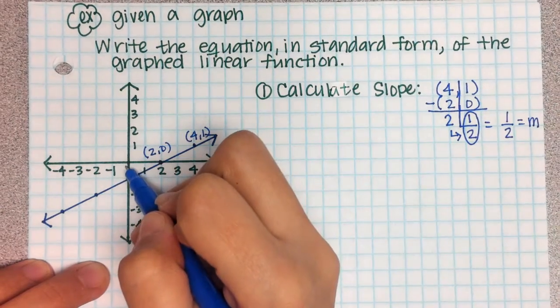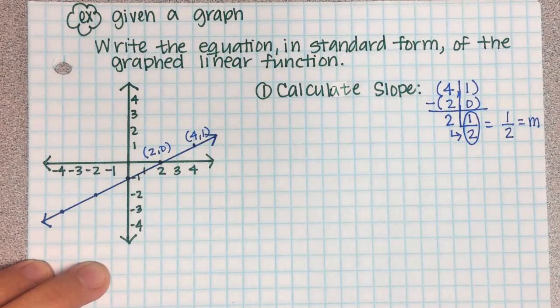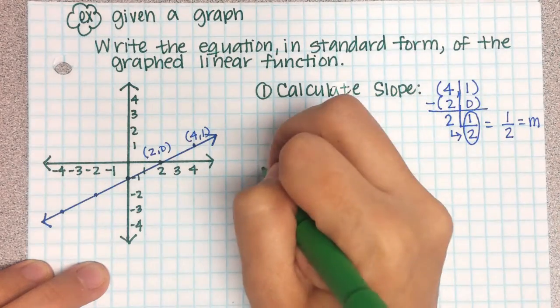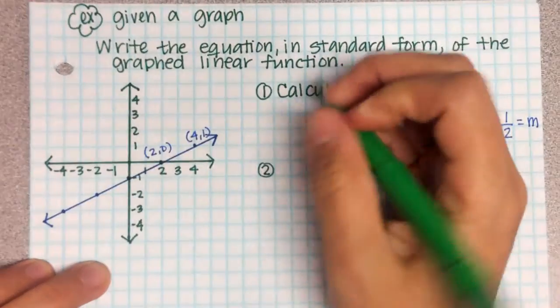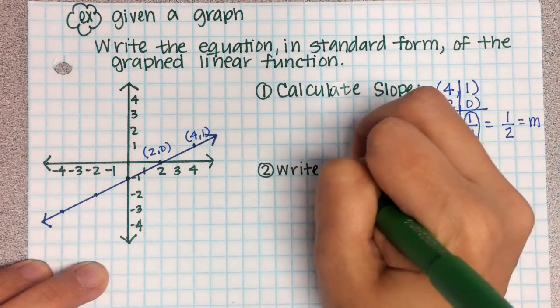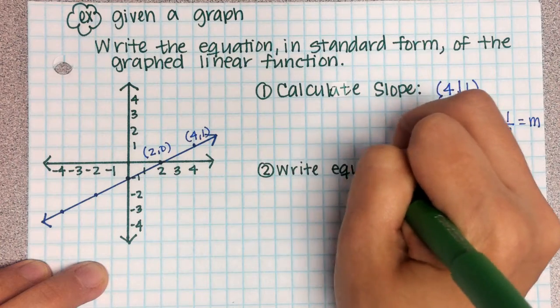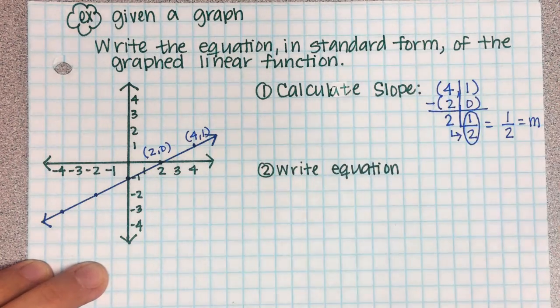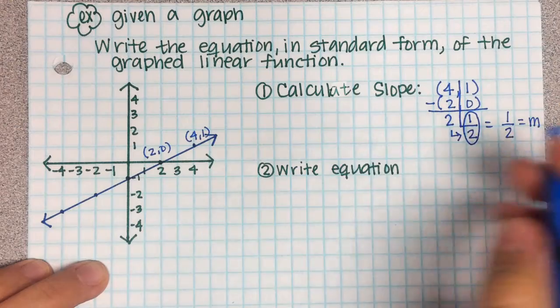Rise over run, up 1, over 2. However is easiest for you to do. Step 2, I write an equation. And this can be either in point slope or slope intercept. Well, here I have my slope.